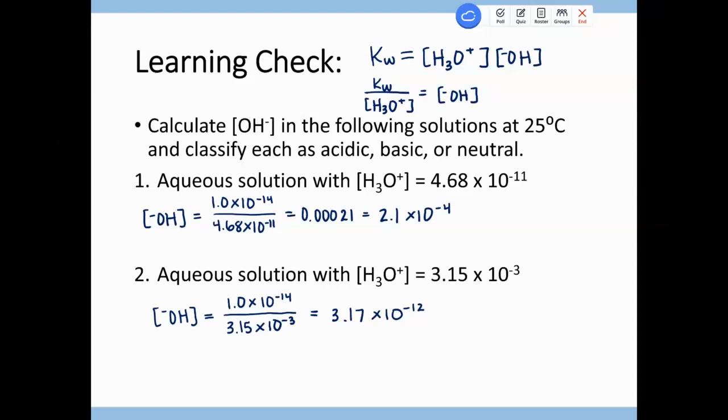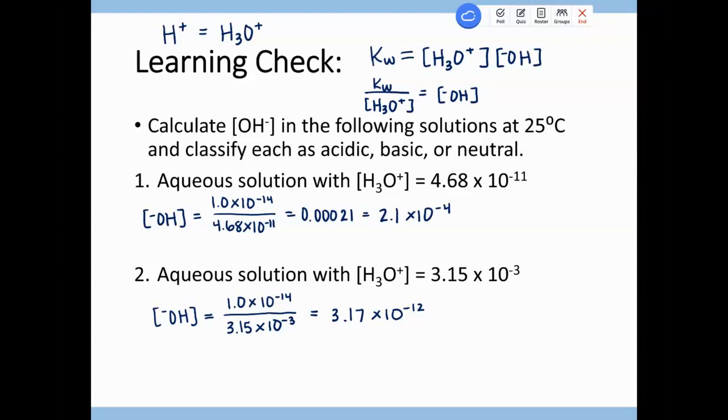Now the question is, is solution 1 acidic, basic, or neutral? Is solution 2 acidic, basic, or neutral? So let's remember that acids increase H plus concentration. And we also say H plus is interchangeable with H3O plus. So if you add H plus to water, then you get H3O plus.